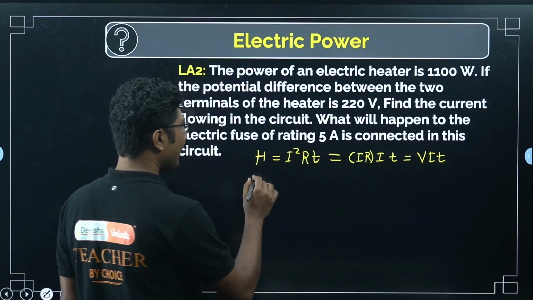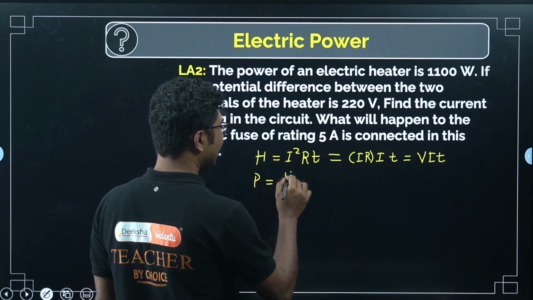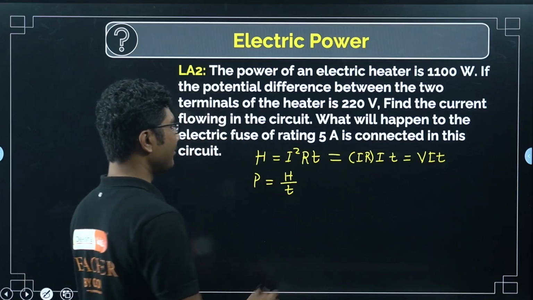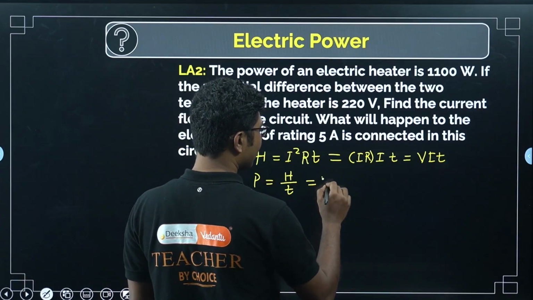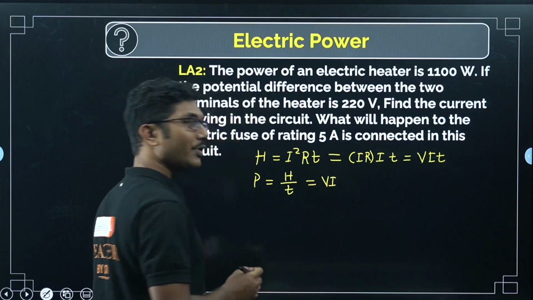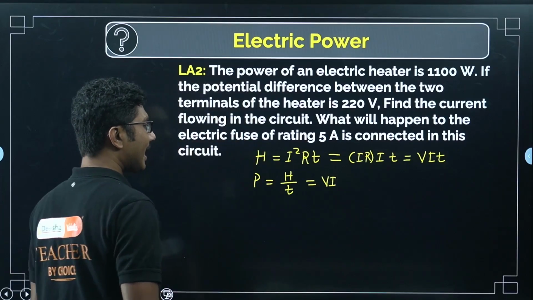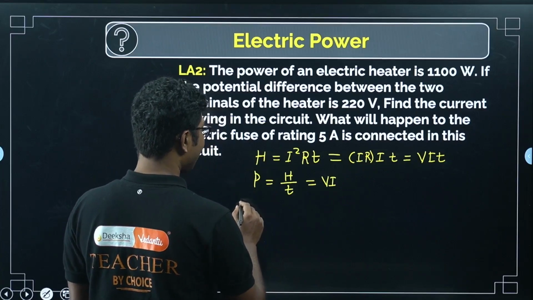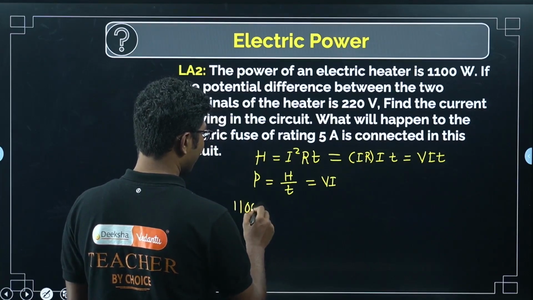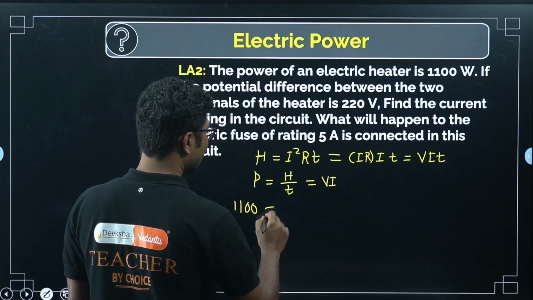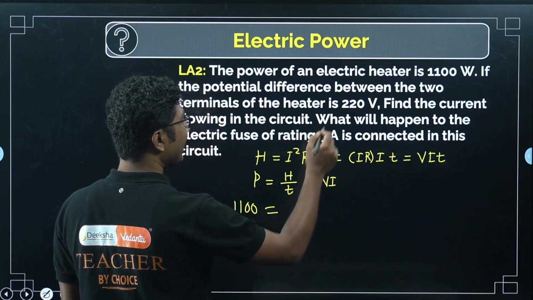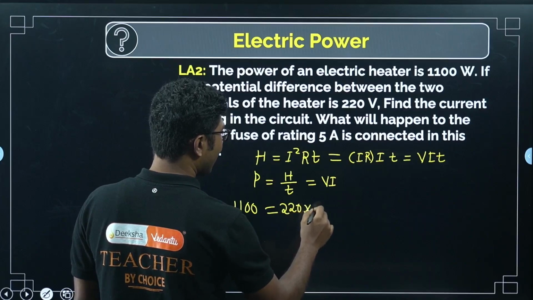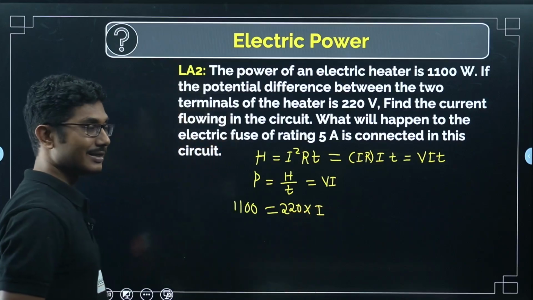Now power is heat generated per unit time, that is equal to VI. Now here power is given as 1100, so you have to use those values. Power is 1100, V is 220 volts, and you are supposed to find the current in this circuit.